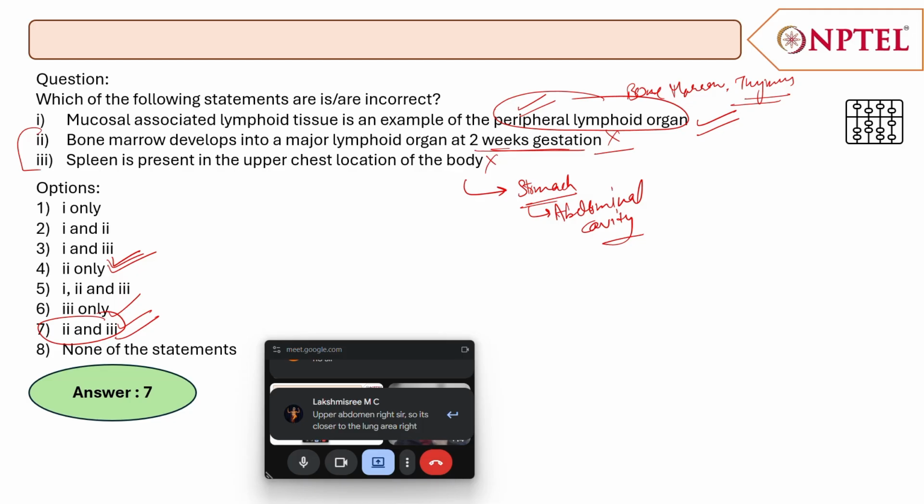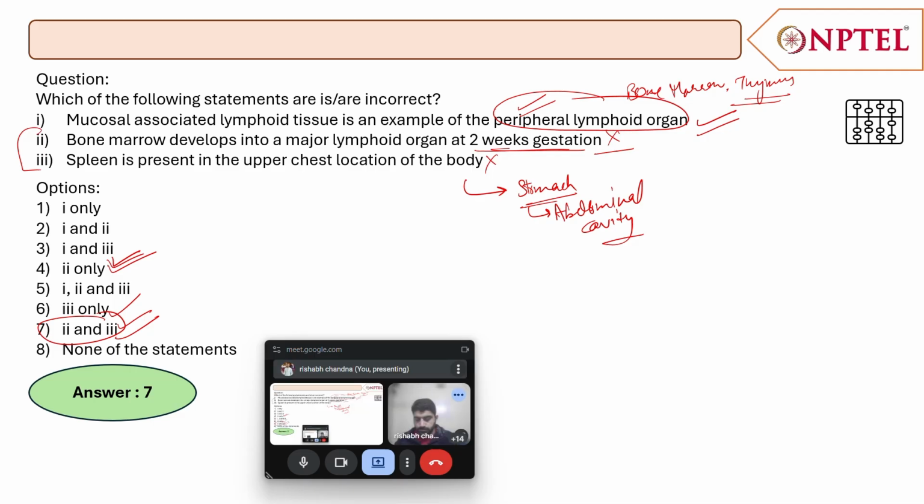Will it be closer to the lung? Spleen is not located in the chest cavity.